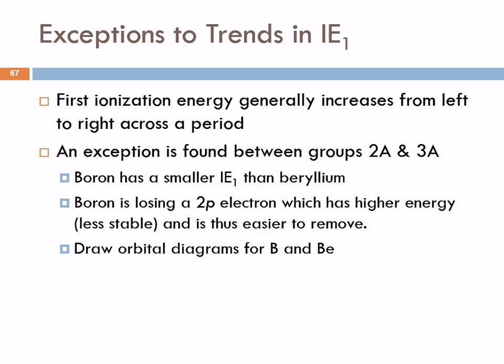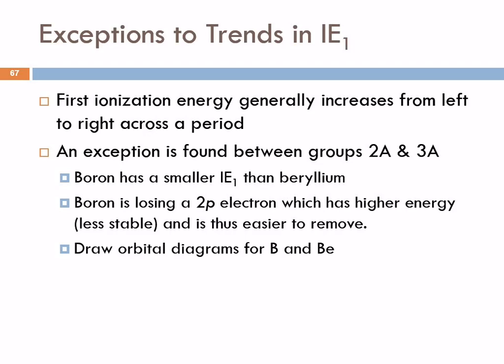Exceptions. We noticed there was some jaggedness in those trends. We see an exception between groups 2A and 3A. Boron has a smaller ionization energy than beryllium. What's happening is that boron is losing a 2p electron, whereas beryllium is losing a 2s electron. The 2p electrons are easier to lose than the 2s electrons.